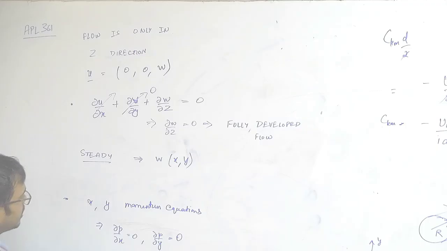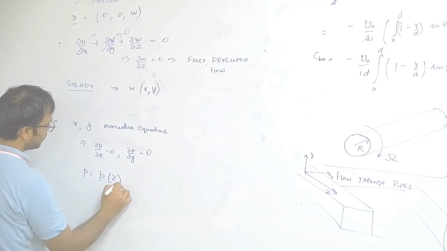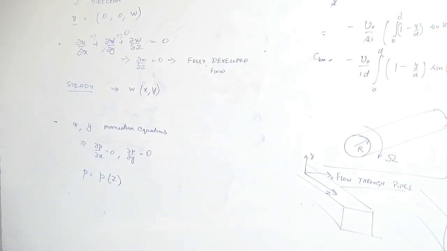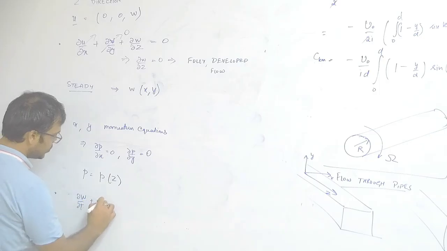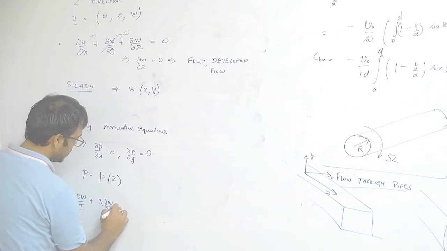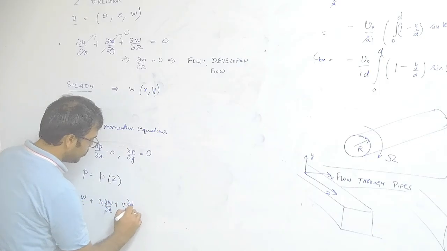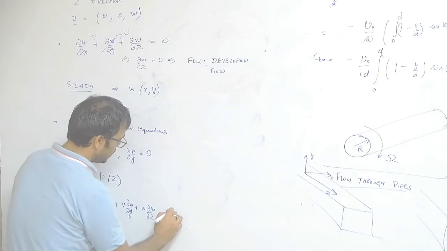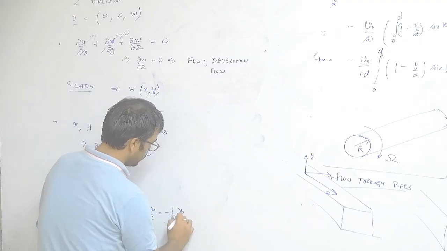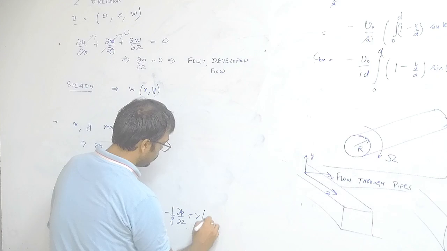So from here we get that pressure can only be a function of z. And now looking at our z momentum equation, we have del w by del t plus u del w over del x plus v del w over del y plus w del w over del z equals minus 1 by rho plus nu.